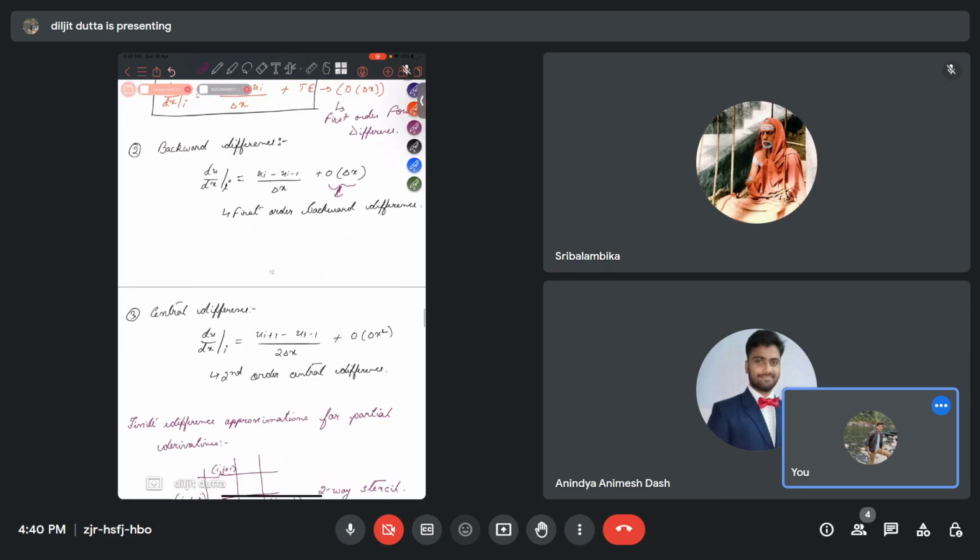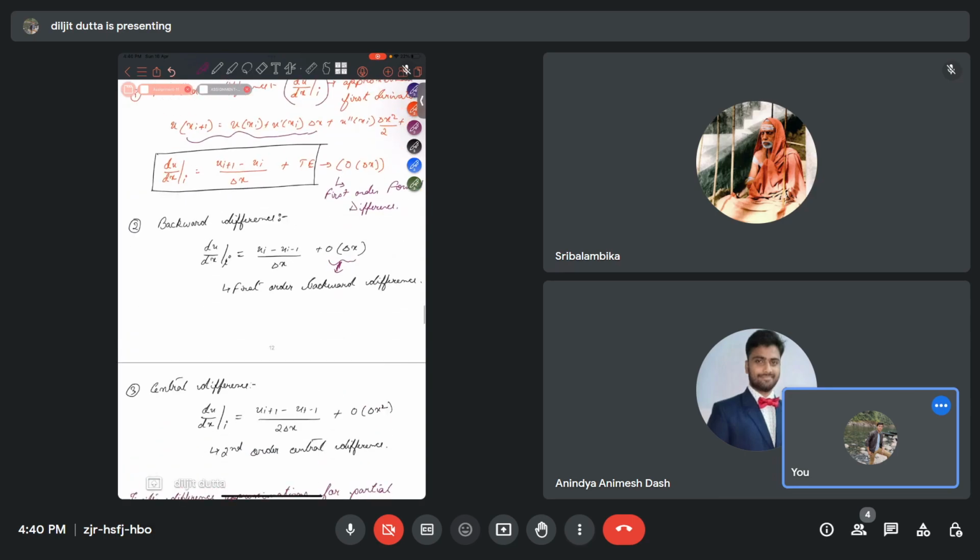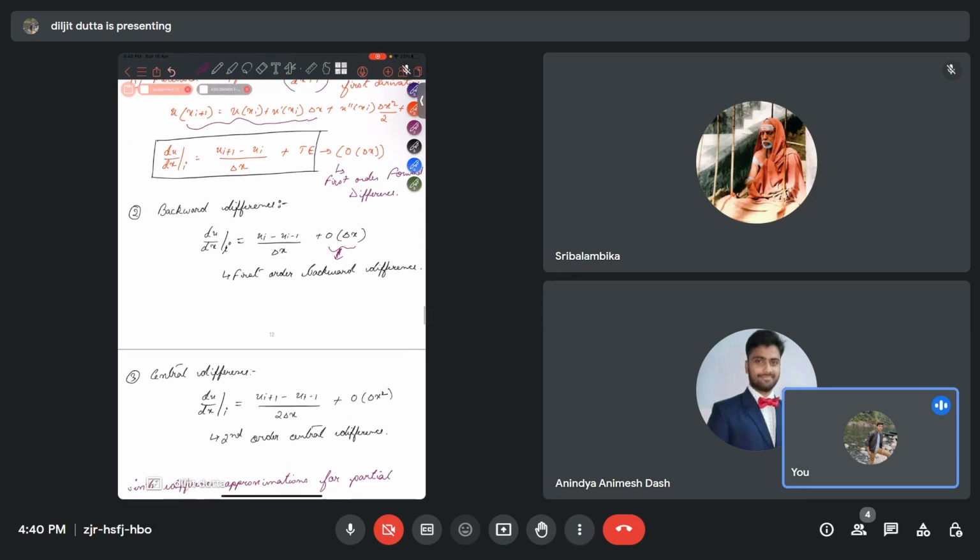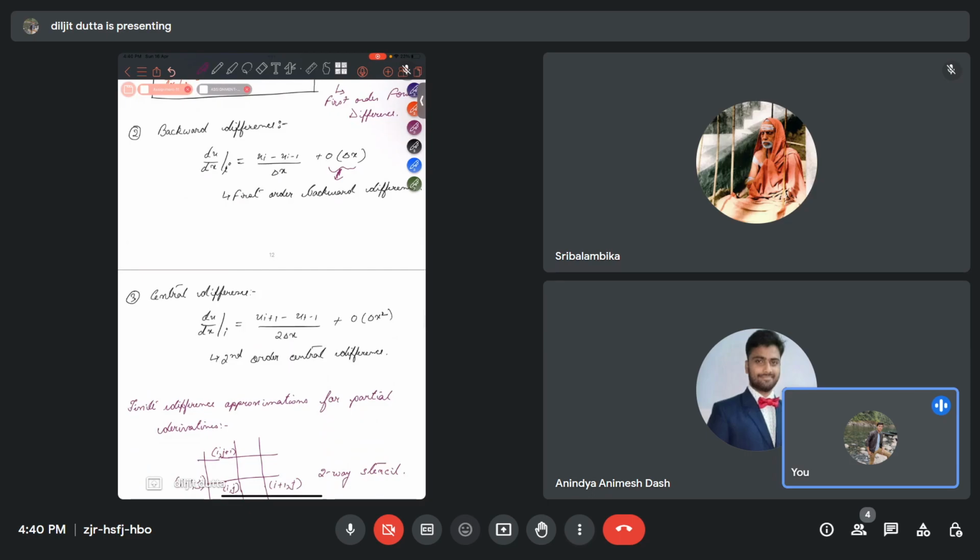So how do we obtain this? We obtain it by this formula, u i plus 1 minus u i minus 1 by 2 delta x, and the truncation error will be of the order of delta x squared.